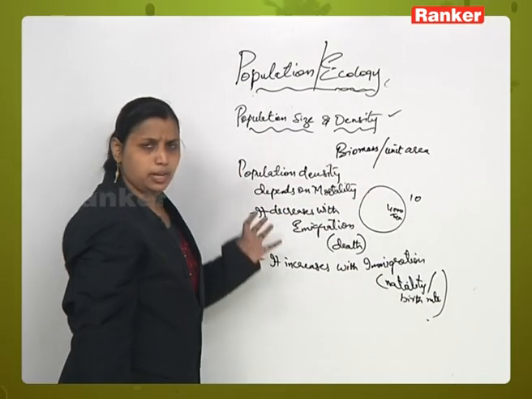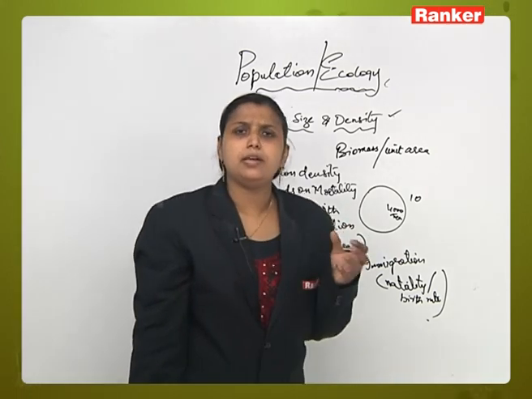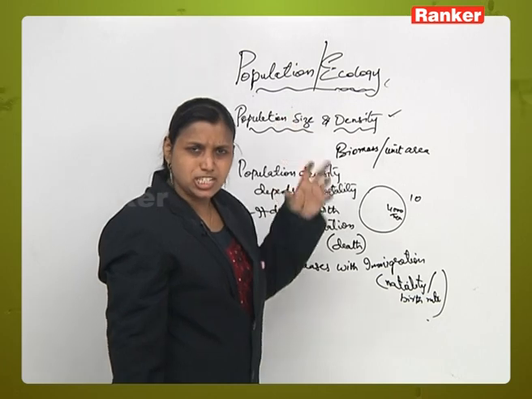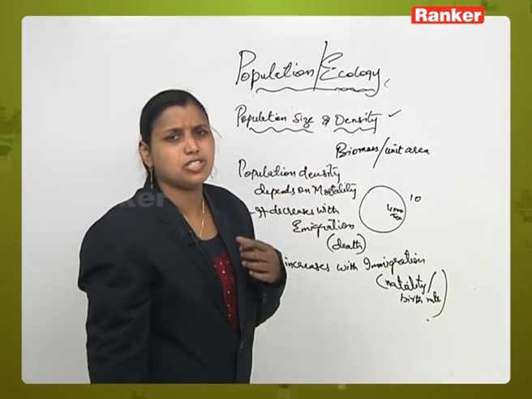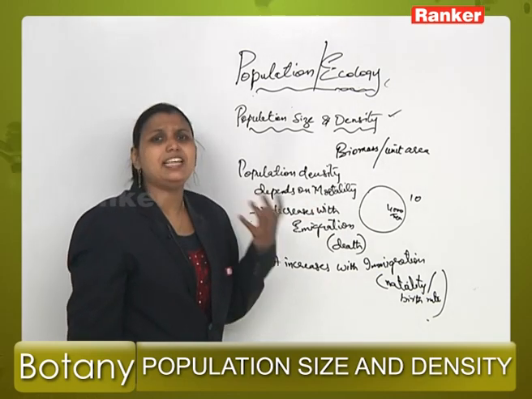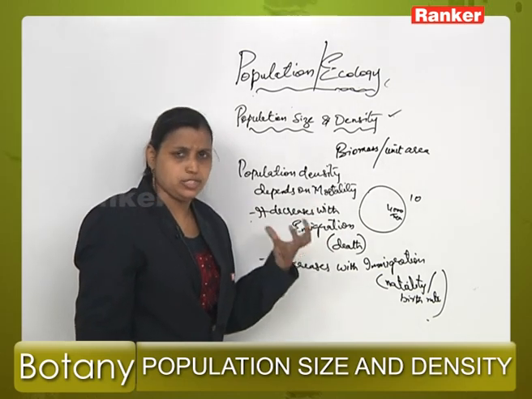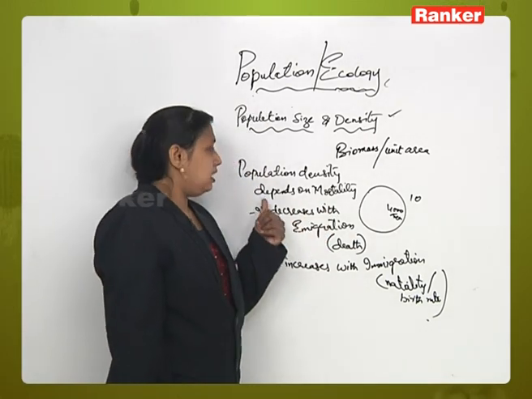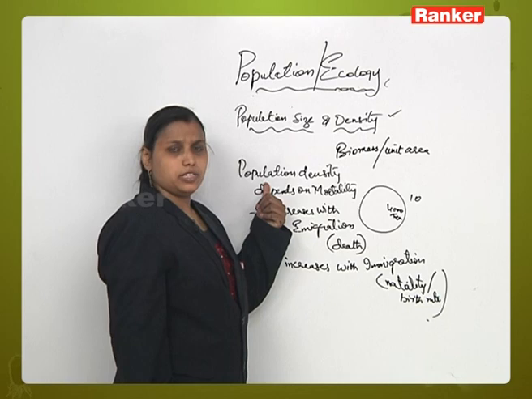Right. So, in a population, when we are studying the size of the population in terms of density, the density decreases with mortality or death rate of the individuals in a population. The more the death, the more the density of the population will decrease.